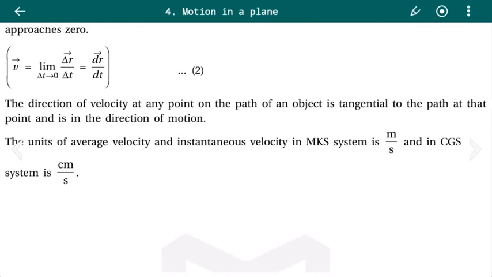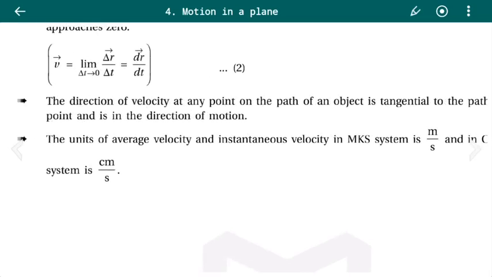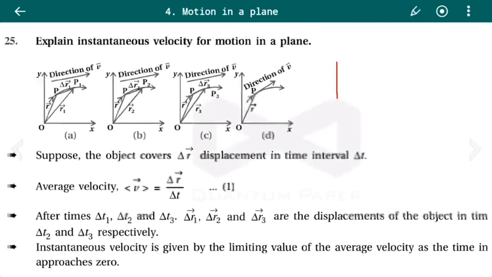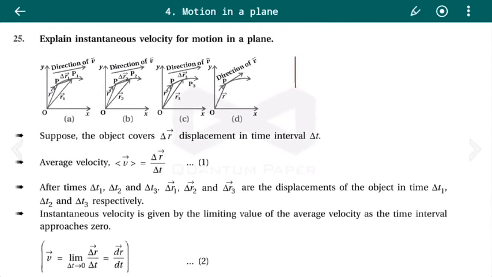The unit for velocity, whether it is the average velocity or the instantaneous velocity, is meter per second, and in the CGS system it is centimeter per second. So students, you may note down this theory.